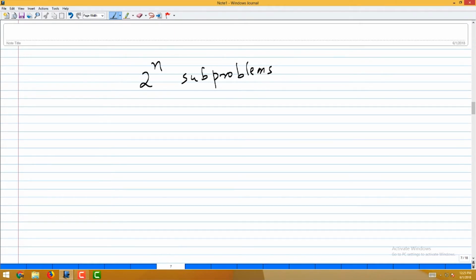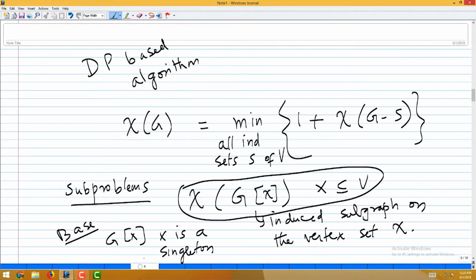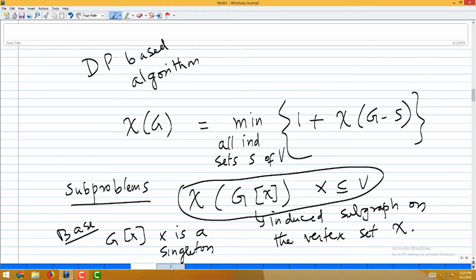And how much time does it take to compute each solution? Well, the recursive formulation tells you. You go to one subproblem, you want to compute the optimum way to color this, here is a formula. So, how much time for each of them? 2 power the size of that set. If I give a conservative upper bound, it will be 2 power n. So, 2 power n into 2 power n is 4 power n.